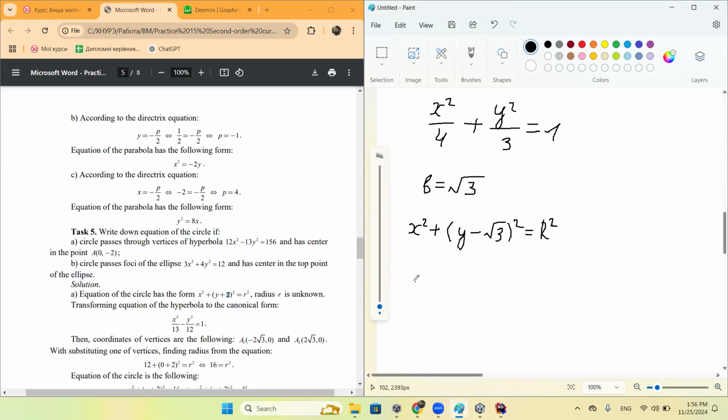So how to find c? Remembering this formula, a in power of 2 minus b in power of 2 and the square root from here. So what do we have? Square root of 16 minus 3 equals square root of 13.